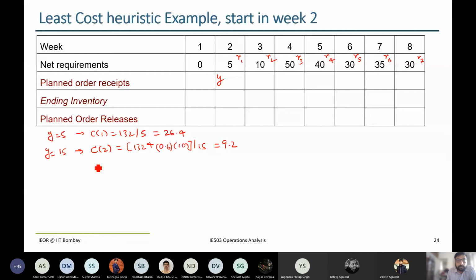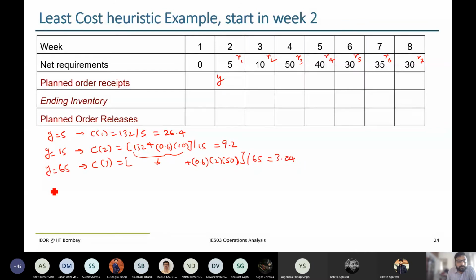Suppose y is equal to 65. That is, in 3 periods I'm considering. So then this becomes this plus 0.6 into 2 into 50, divided by 65, which comes out to be 3.04.